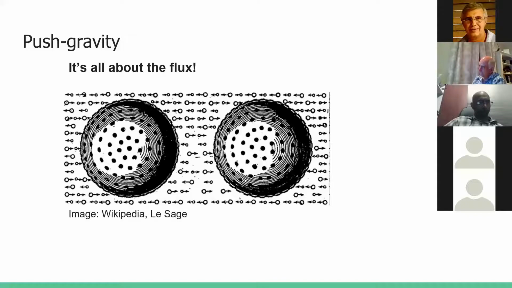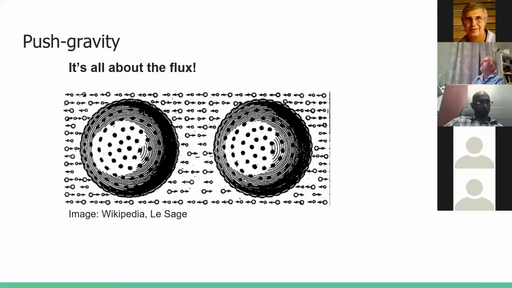Imagine coming from all directions, tiny particles the size of grains of dust, but so small that they could literally fly through atoms. Again, keeping in mind Lesage didn't know about atoms. But the image shows that from the left and right a lot is coming, and not so many make it through the first ball, and even less make it through the second ball.